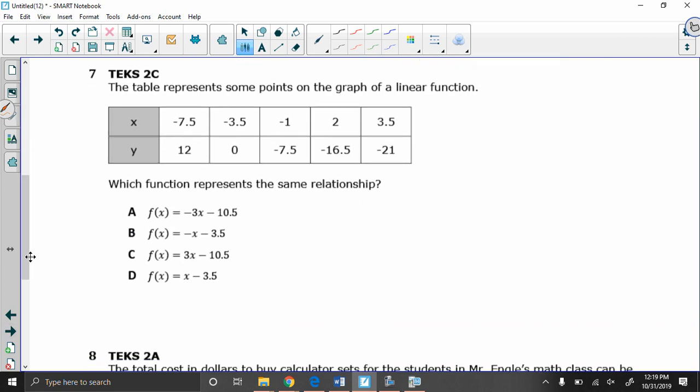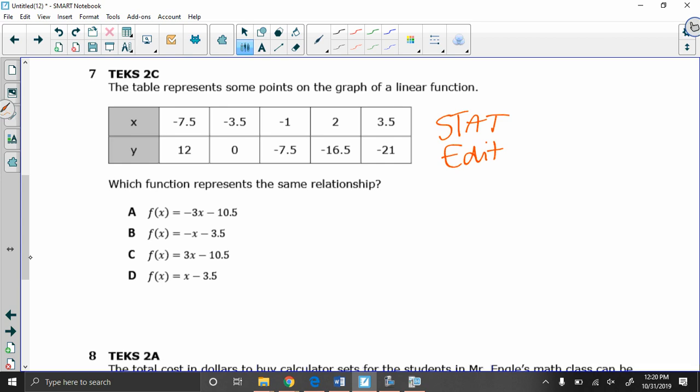Number 7. So we're given a table that represents some points on a graph. Which function represents the same relationship? So I'm looking for a function that, when given these points, it fits. So if you're given a table, again, it's that header. And if I look at this table, I see that the table's been rotated sideways to where my x's are on top, y's are on bottom.